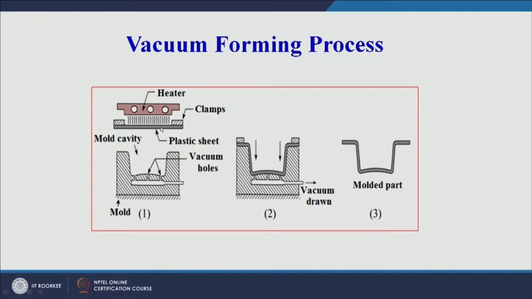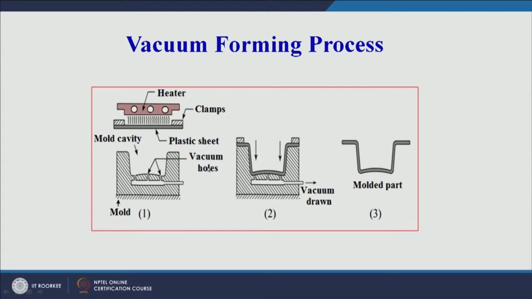This is the raw material which we want to deform. Then you have a mold cavity, this hatched portion is representing the mold cavity, and then there are vacuum holes through which we will apply the vacuum. So we have mold, we have a heating arrangement, we have clamps to hold the thermoplastic sheet, and we have a mechanism for applying the vacuum.